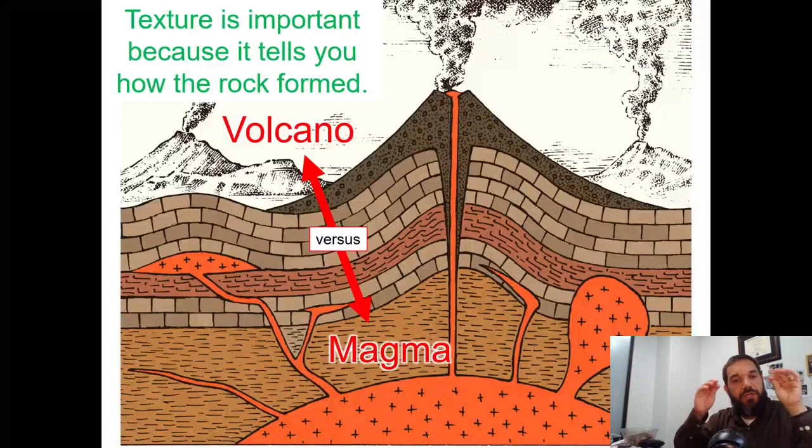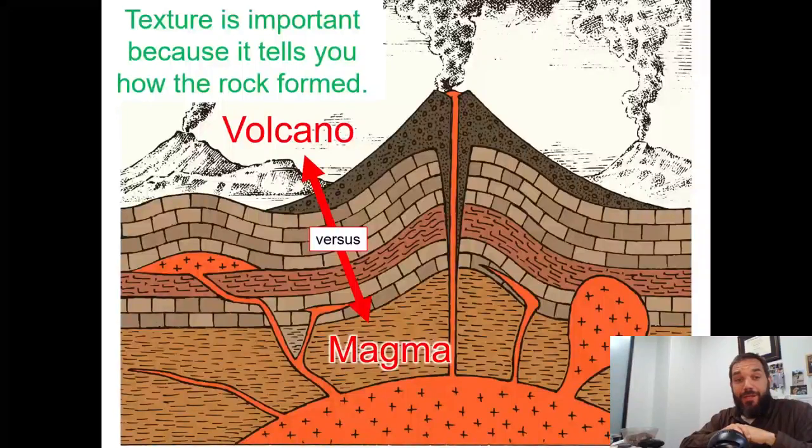It's basically just going to solidify like, boom, like that. Maybe it takes a year. For us, a year feels like a long time, but for a volcano, a year is nothing. In geological time, a year is just instantaneous. But a magma solidifying under the ground might take 1,000,000 years to solidify.